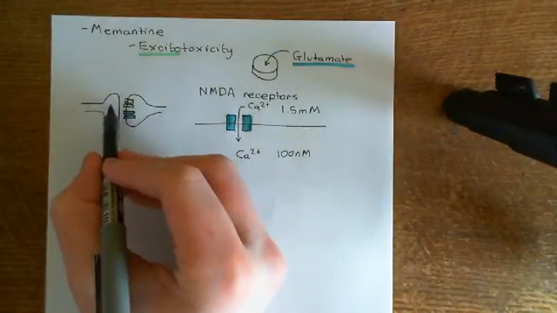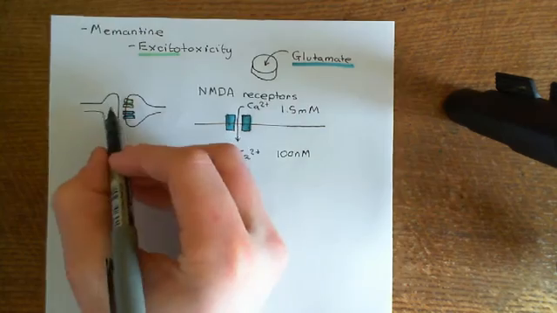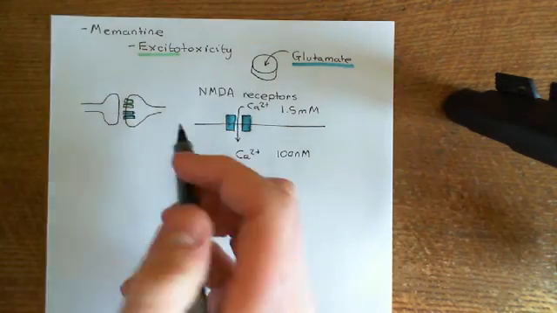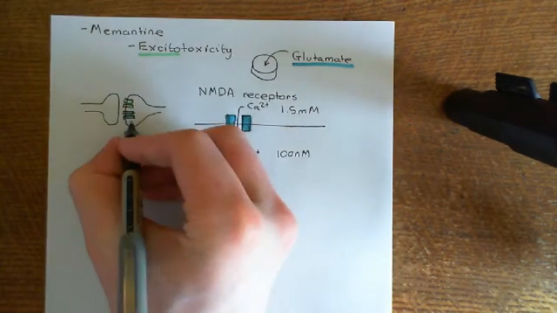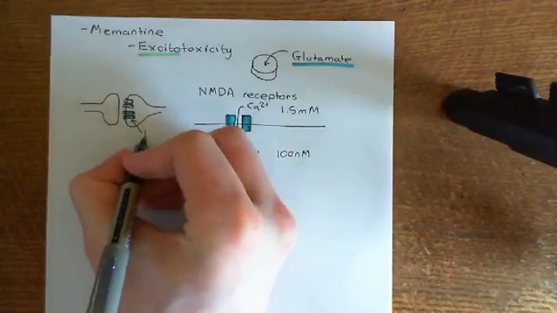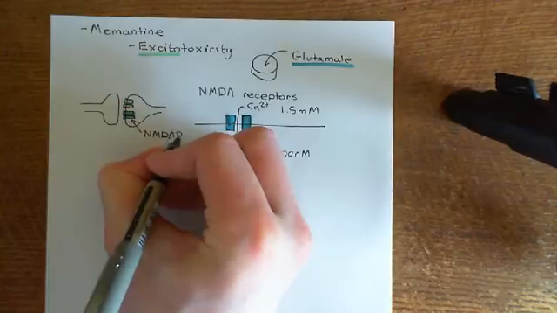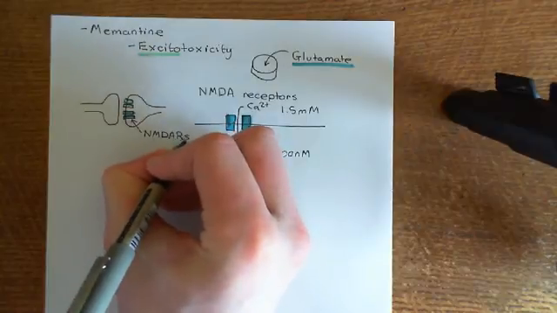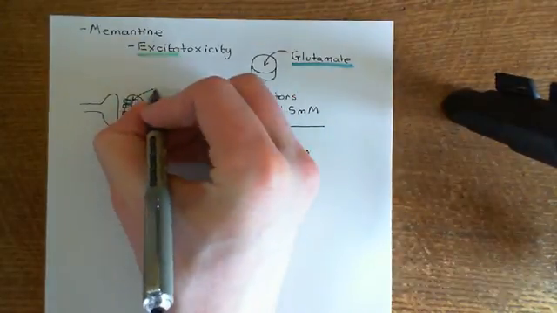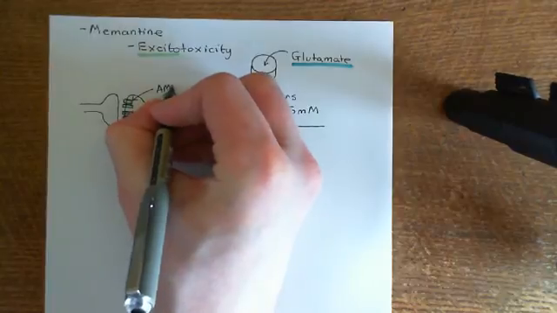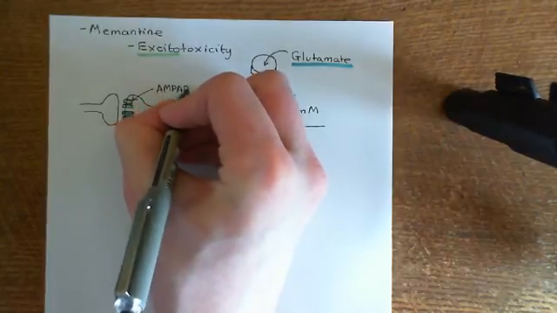The glutamate will be removed by the presynaptic neuron, and you don't have this chronic opening of the NMDA receptors, because once the glutamate is gone, the NMDA receptors will then shut. For short, the NMDA receptors are often abbreviated as NMDARs, like that, and this one here is an AMPA receptor, which again is a type of glutamate receptor.